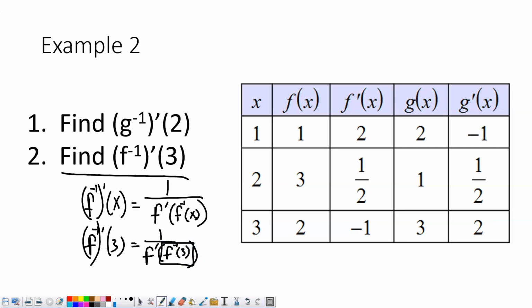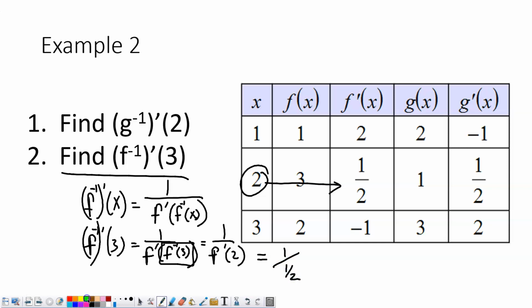What is f inverse of 3? Hopefully you know that it is 2. What is f prime of 2? F prime of 2 is a half. So I've got 1 over a half.